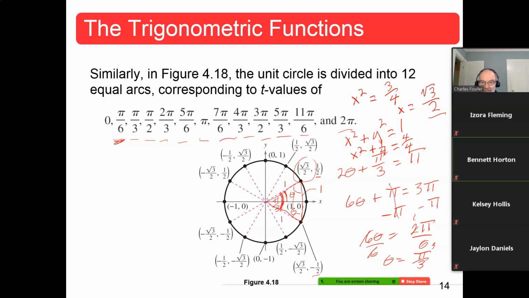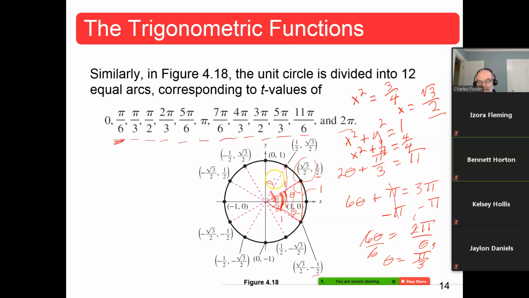Now, if you go to this one right here, this angle right here, this has to be pi thirds again, right? Well, if this angle right here is pi thirds, that means this one is pi over 6 because they have to add to be their complementary angle.